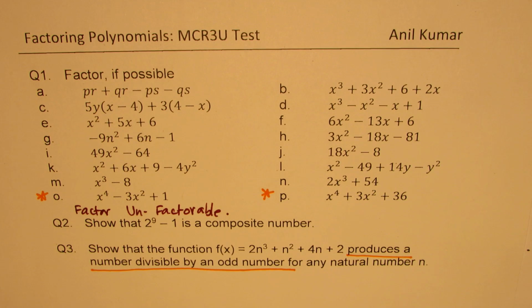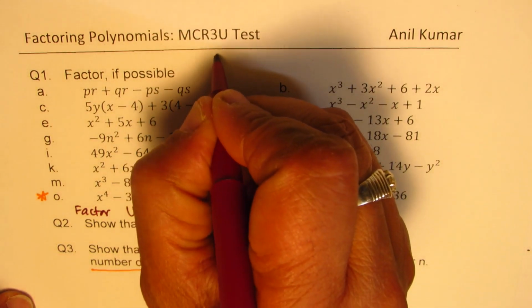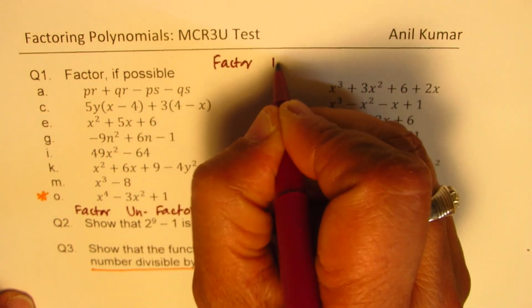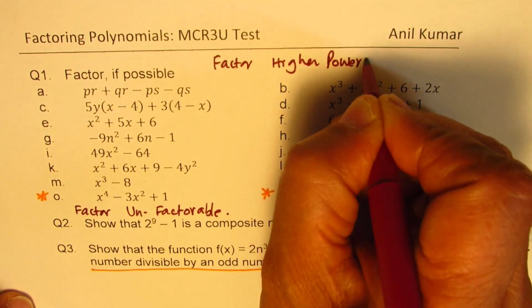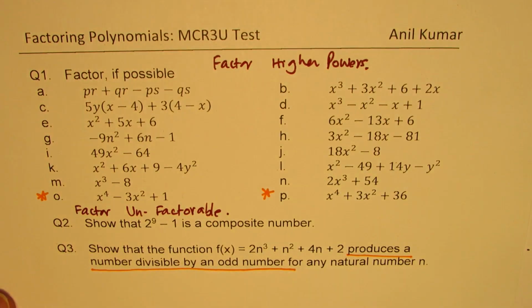So I'd like you to go through these once again, understand all the concepts, and I'll provide you with a link so that you could do factoring with higher powers, right? So one thing which is missing here is factoring higher powers. Okay, so for that I'm going to provide you with a link.